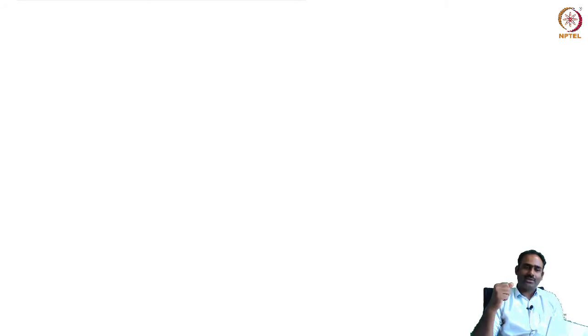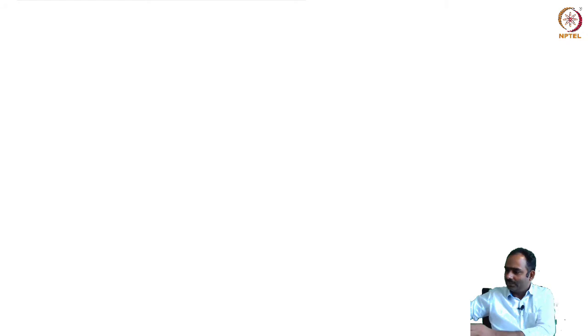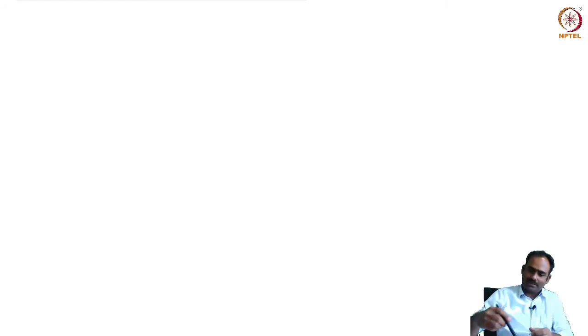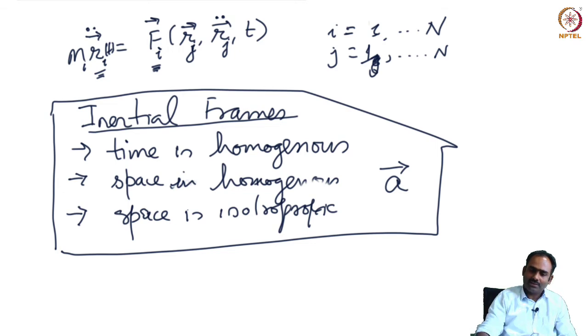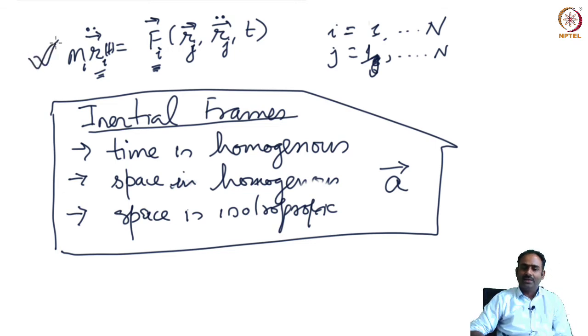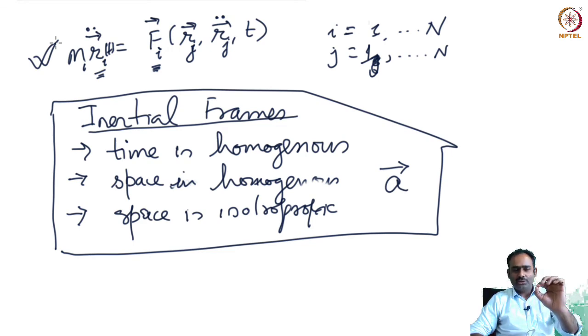What part of the system knows about these things? And clearly, let's write down our equation of motion. So we had, let's go back here, this thing. Now if each particle is going to accelerate according to the forces, then it has to be those forces which will know about the frame, right?